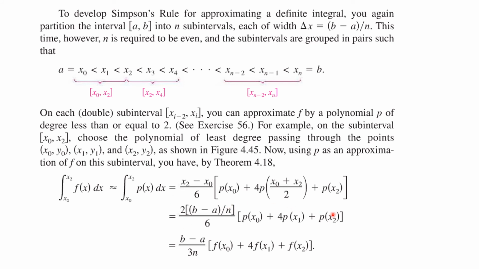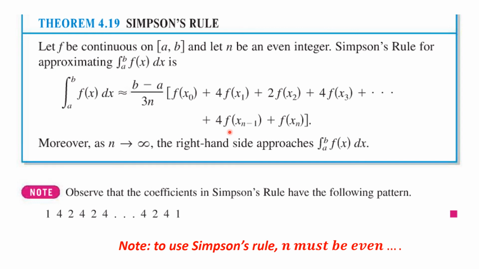And now I use that theorem that we just proved, and that says that this little piece is going to be b minus a over 3n times f of x0 plus 4 f of x1 plus f of x2. But then when I start adding these together, I'm going to get 4 for the middle one, but I'm going to get 2 for the endpoints over here. So that leads us to Simpson's rule.